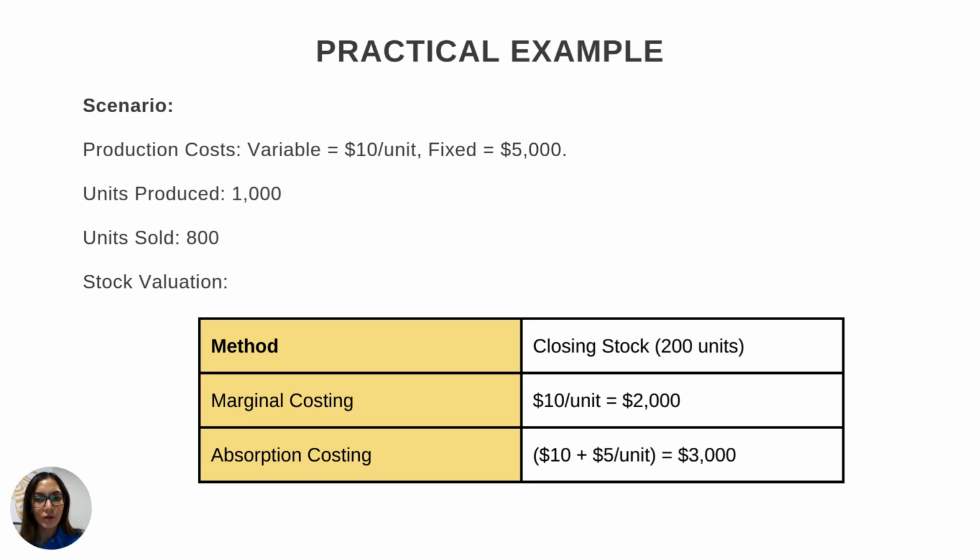So our closing stock will be 2,000. But for absorption costing, we don't take only 10, but also 5,000 divided by 1,000. It's going to be $5 per unit. So the total amount of our closing stock per absorption costing will be 3,000 in this case. 15 multiplied by 200 units.